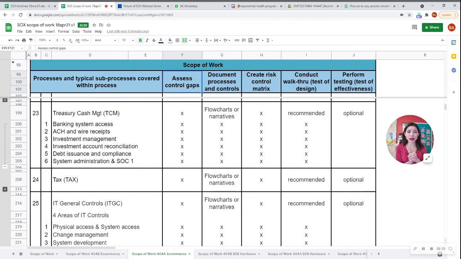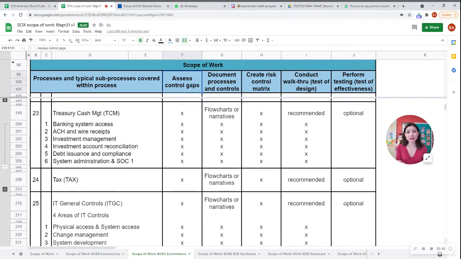So that's why we highly recommend a walkthrough. When you are private and doing a readiness initiative, testing is completely optional. Many of our clients cannot get to the testing because they run out of time and resources as well. So that's why we've put testing as optional.